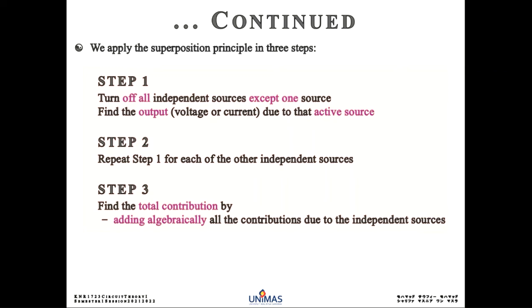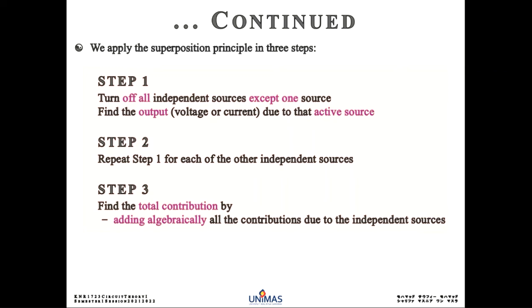So find the output voltage or current due to the active source. So repeat step 1, meaning you do that one by one. Turn off all except one, you analyze, and then you turn off all the others except one of the next one, and so on.